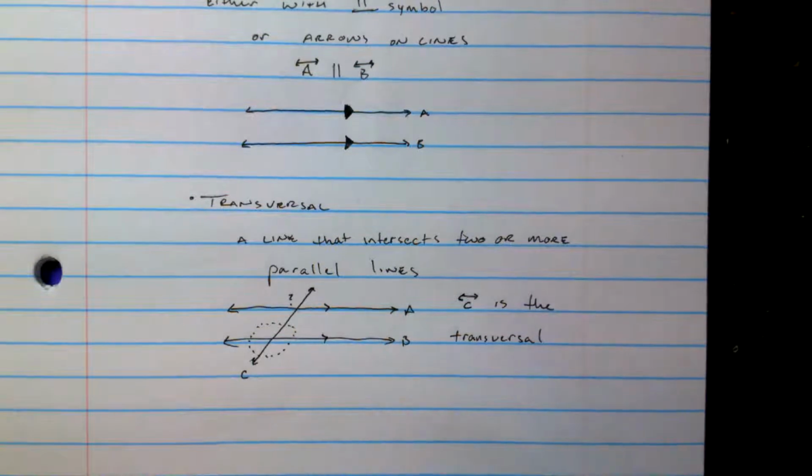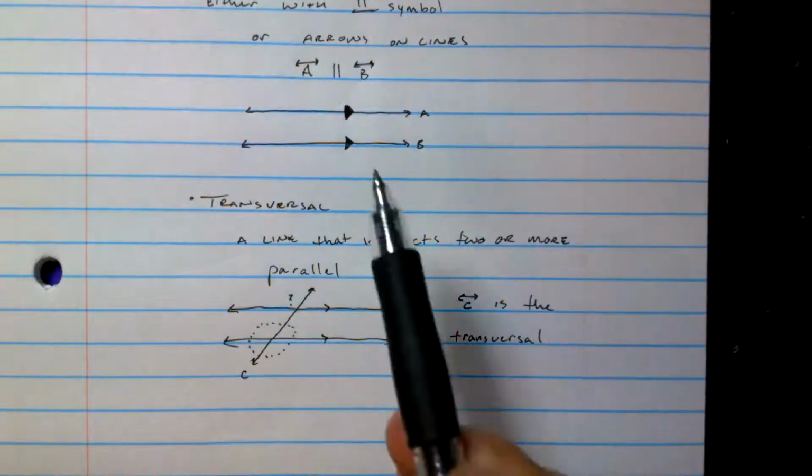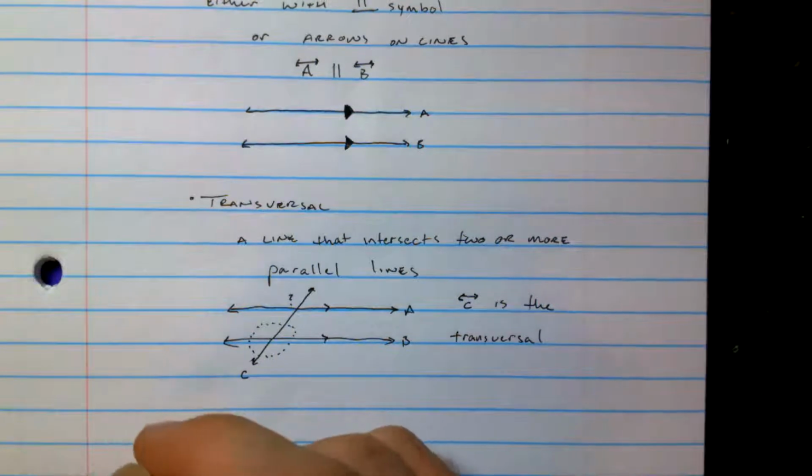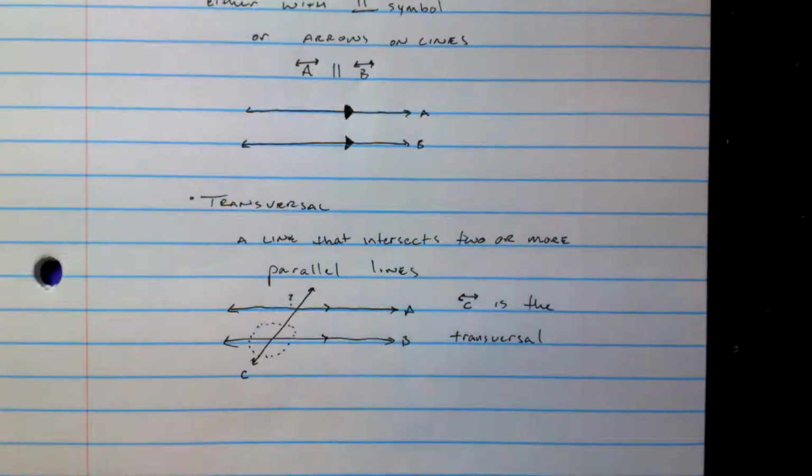Their naming conventions pretty much tell the story on where you would find all of these. Now that we've defined parallel and transversal, I'm going to switch over to another page, because we're going to have a lot of definitions coming. I know I still have about half a page here to go, but that's just not going to be enough room to define all of the relationships that we need to define.